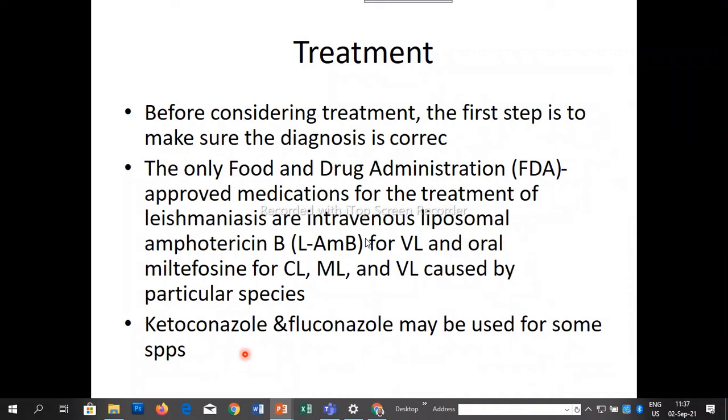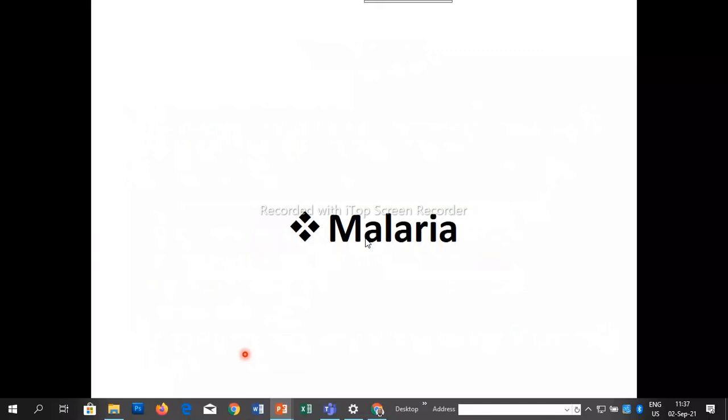Ketoconazole and fluconazole antifungal drugs may also be used for some species and have shown to be helpful.